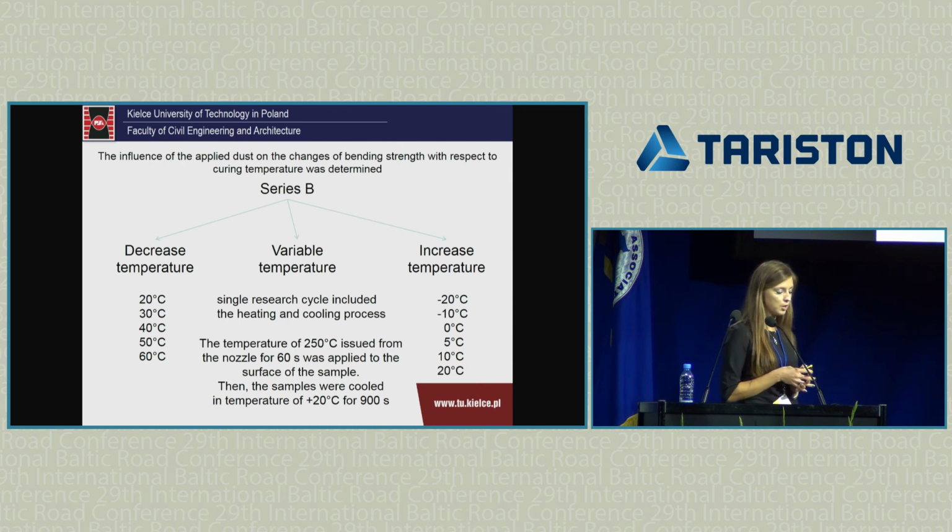The first step included decreased temperature, and here the sample was prepared in the temperature from 20 to 60 degrees Celsius. The second step included increased temperature from minus 20 degrees Celsius to 20 degrees Celsius, and the third step of the research included variable temperature.